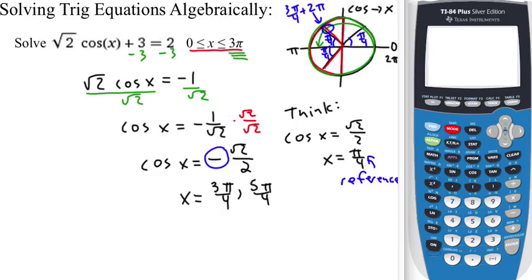Right? 3 pi over 4 plus 2 pi. If I wanted to write 2 pi as something over 4, it would be 8 pi over 4. So I can think about this as 3 pi over 4 plus 8 pi over 4, meaning my final answer is 11 pi over 4. And those are my final three answers.